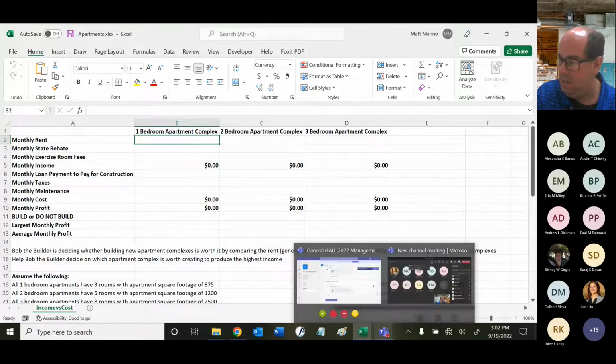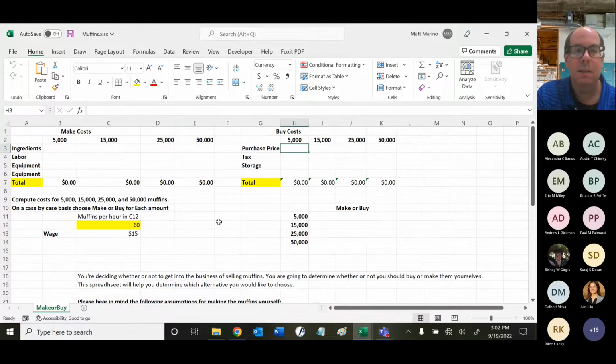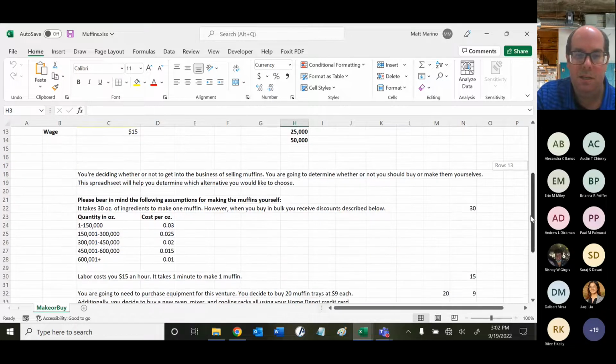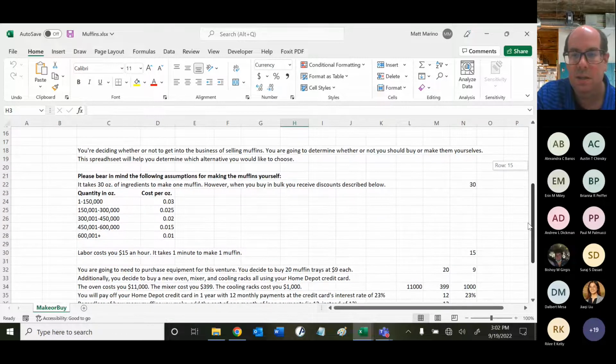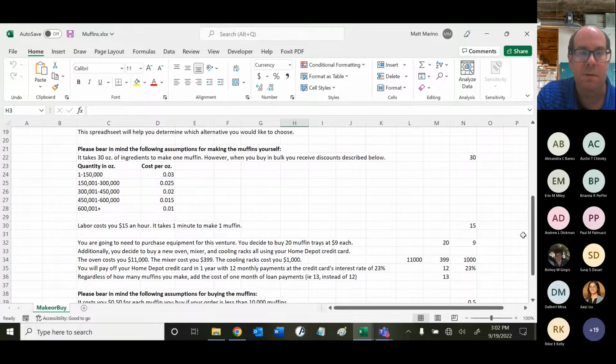Okay, so next, let's do the make or buy analysis, which says muffins. We're going to decide whether we want to get into the business of selling muffins. You're going to determine whether you should buy or make them yourselves.